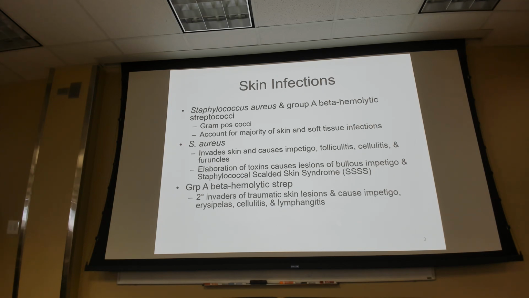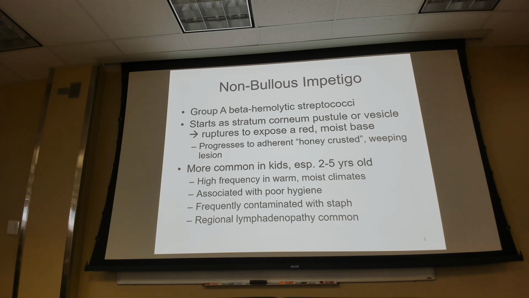So with staph, we've got impetigo, folliculitis, cellulitis, furuncles, and then the other one. There are some of the ones that are the same, however, not always. So here's non-bullous. Oftentimes this is seen with some of the younger kids.